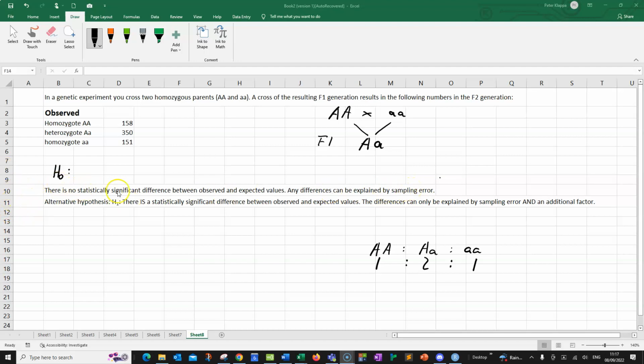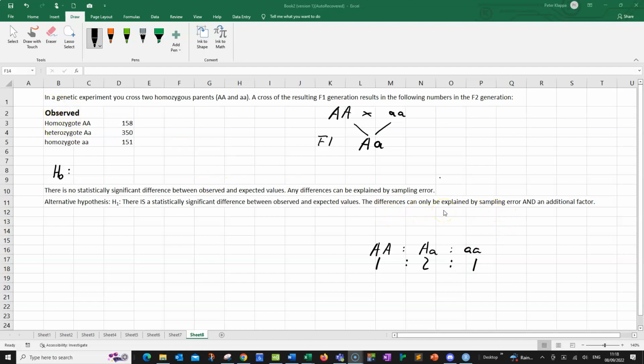And an alternative hypothesis, which we sometimes call H1, would be: there is a statistically significant difference between the observed and expected values, and the differences that we observe are due to sampling error, because we always have sampling error, and an additional factor, which in this case would mean actually there is something different to this 1:2:1 distribution of the data.